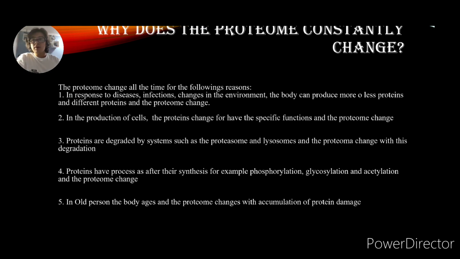The second answer is in the production of cells. The proteins change to have a specific function and the proteome changes. The third answer is that the proteins are degraded by systems such as the proteasome and lysosome, and the proteome changes with this degradation.